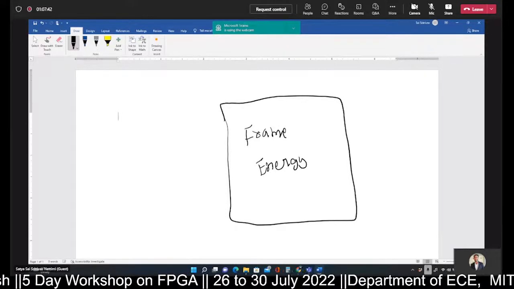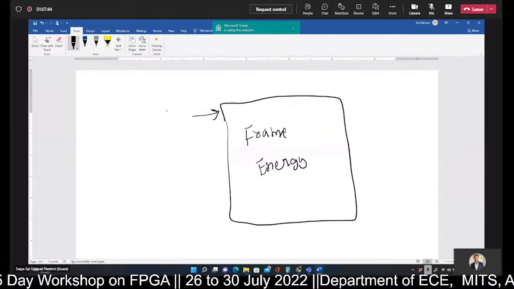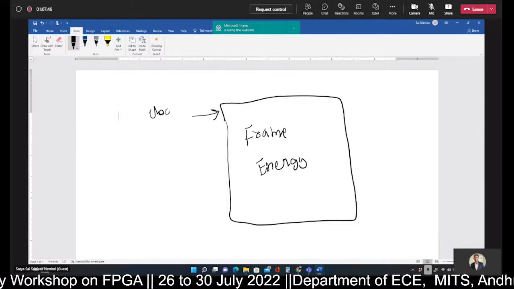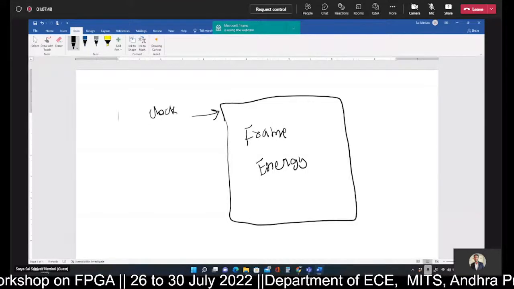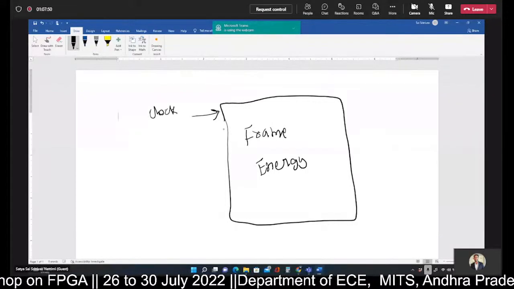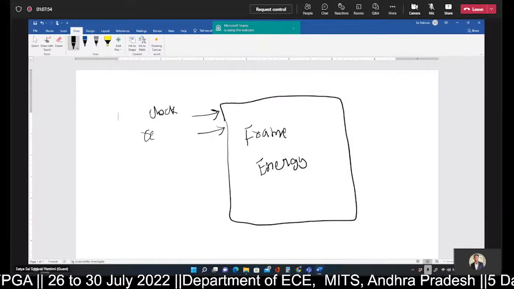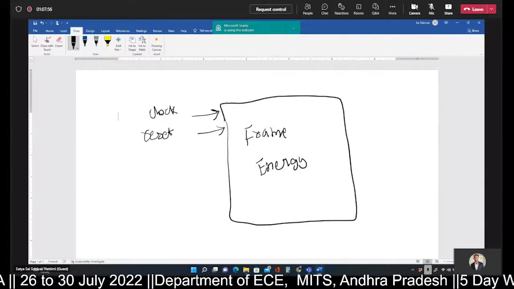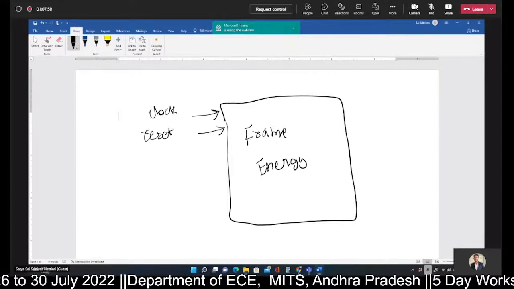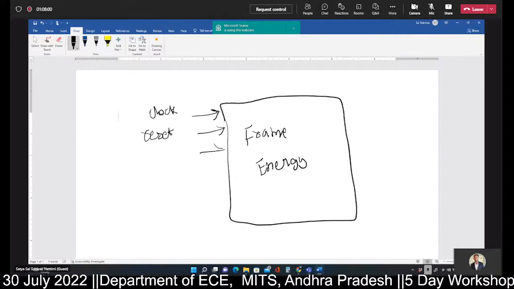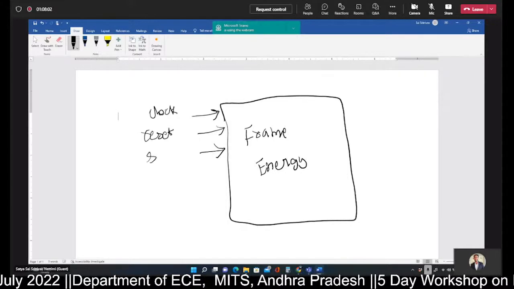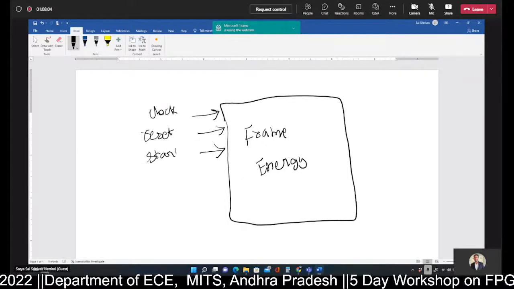Obviously this module should have a clock signal, since it has some sequential components. It should also have a reset signal, because we need to reset the internal registers, and we have to give a control signal called start.